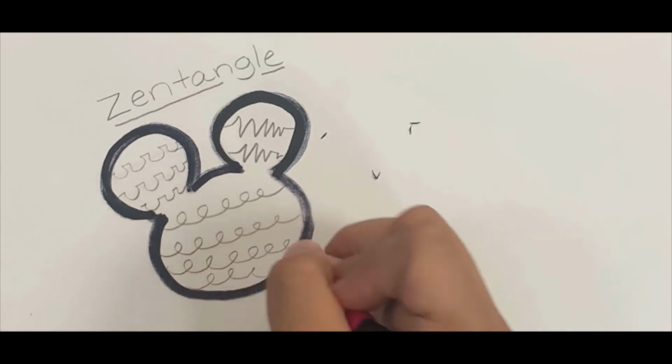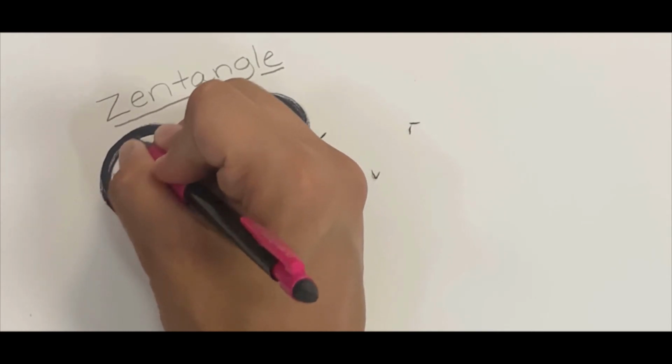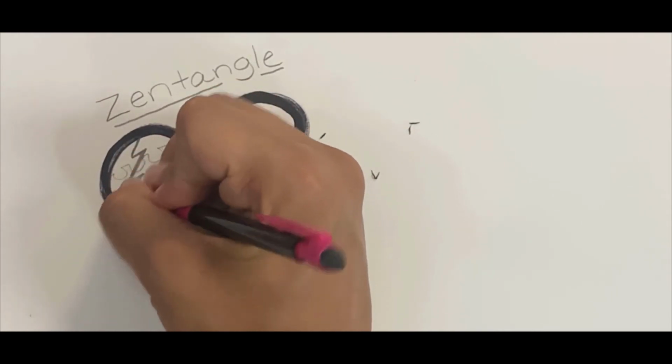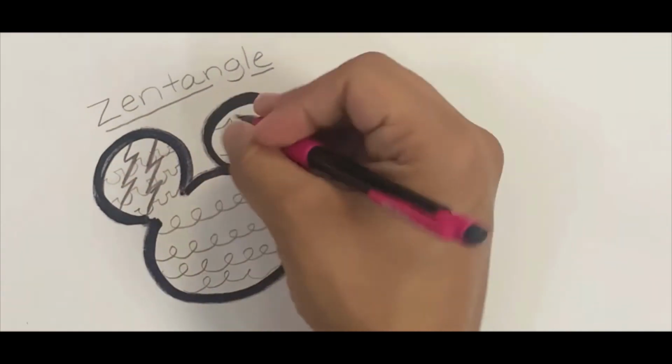Now what I'm going to do is I'm going to put another thick line over it. So I think for this one I'm going to do some zigzag lines and make them really thick. So I'm going to go over them a couple more times.